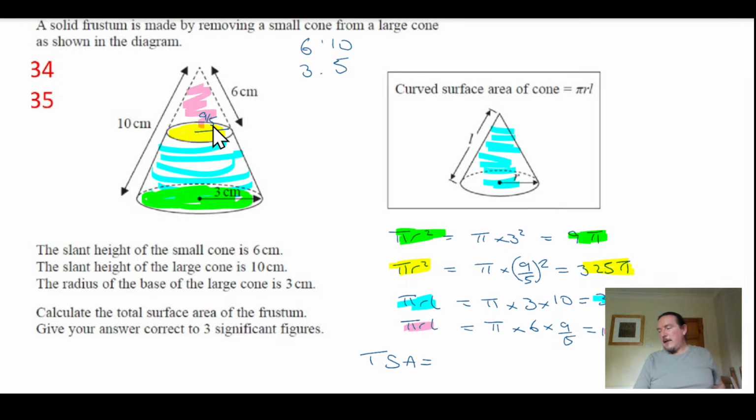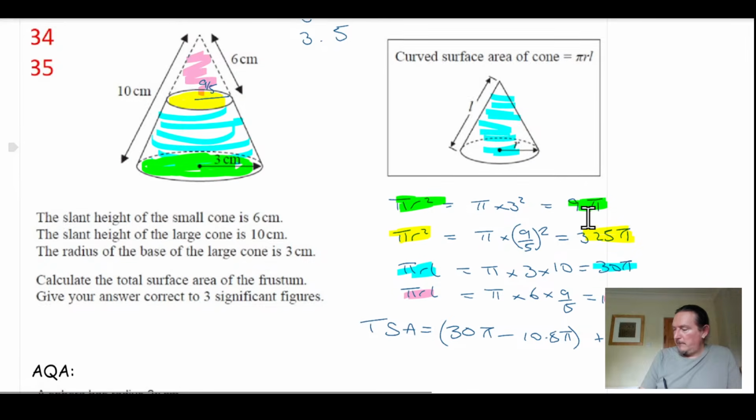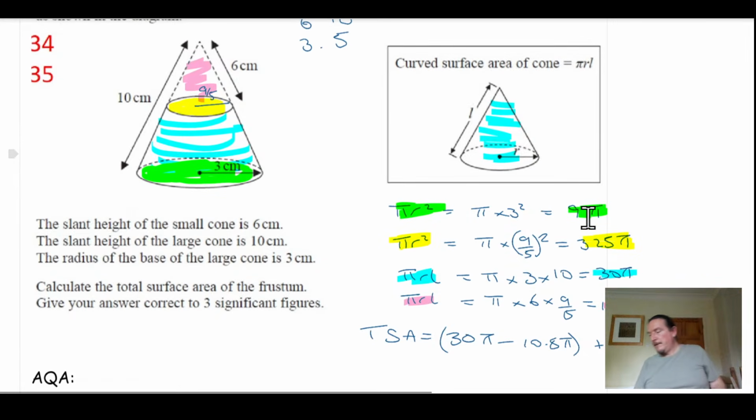So to work out the total surface area, it's going to be the slant surface area of the big cone minus the bit that got cut off, which was 10.8 pi, and then the small circle and the big circle. Okay, so we then need to add all that up, and that's going to be my total surface area.